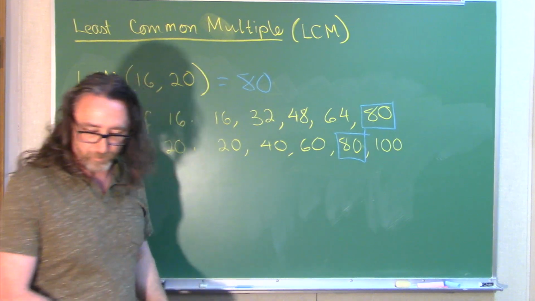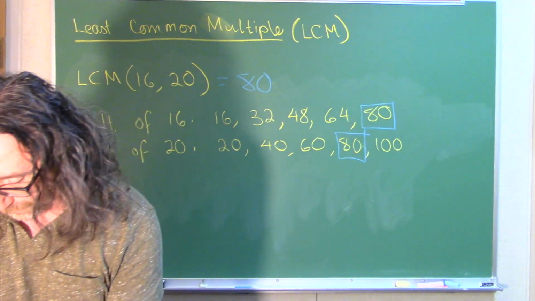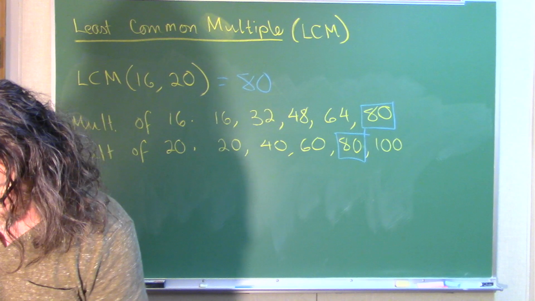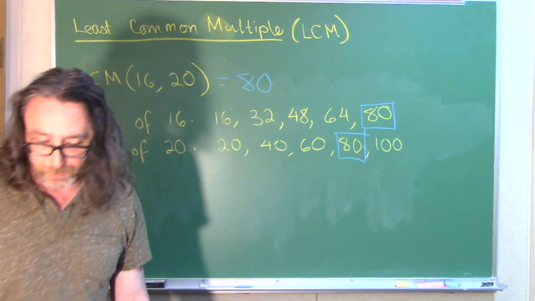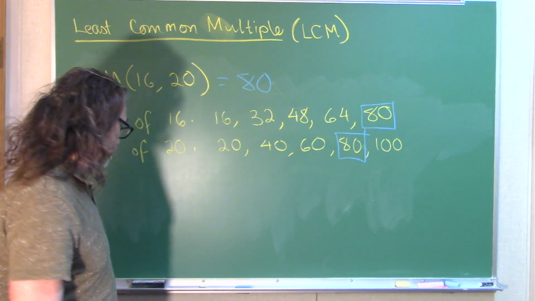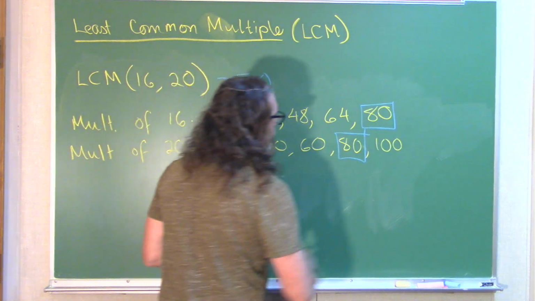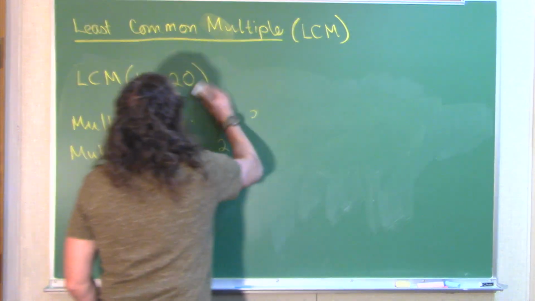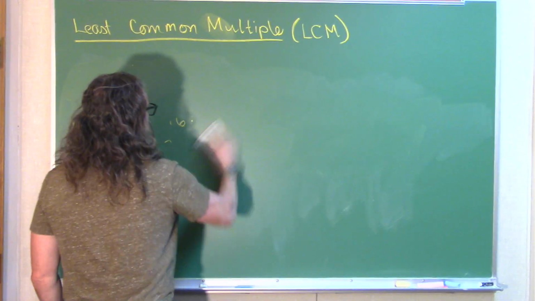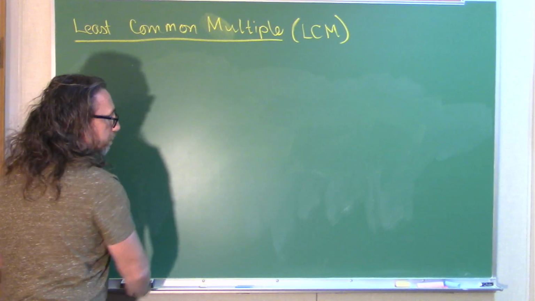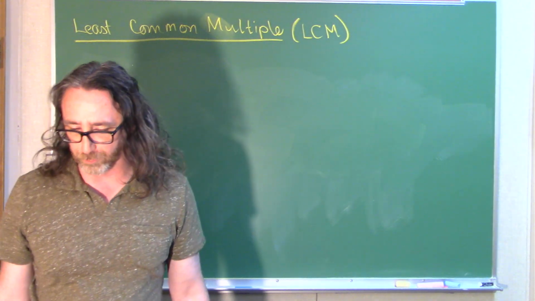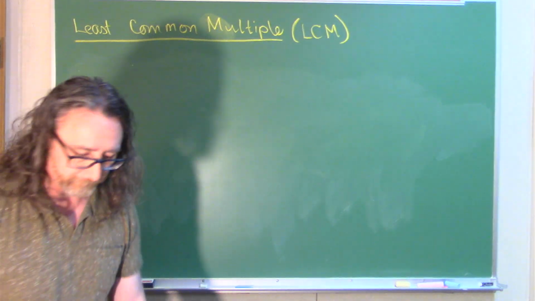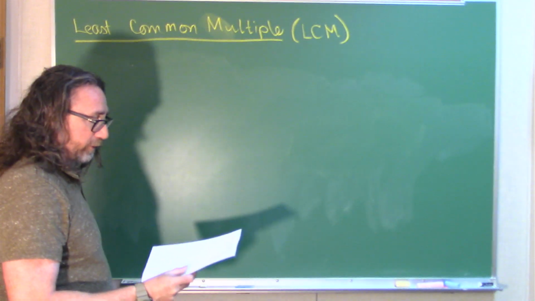Now there's no reason that you have to restrict yourself to dealing with just two numbers. You could find the least common multiple for any set of numbers. Mostly we'll be dealing with just two, especially when we start our work with fractions. But let's look at something like this.